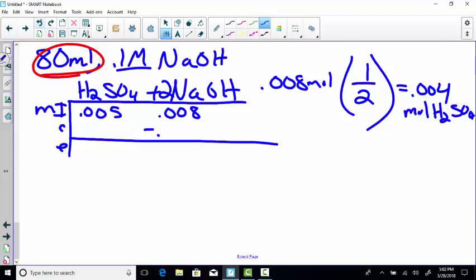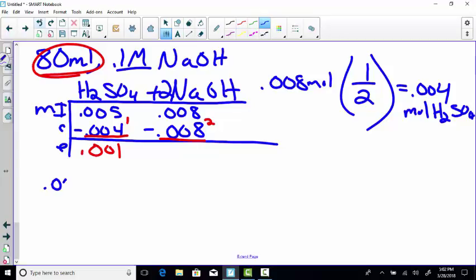So this all decreases. This only decreases by that much. But again, if you're paying attention, this is the 1-to-2 ratio right there. 0.004, 0.008. The 0.001 moles is what is left over.